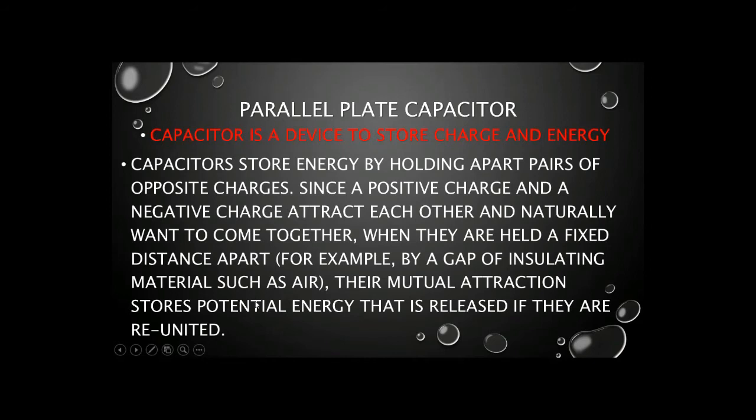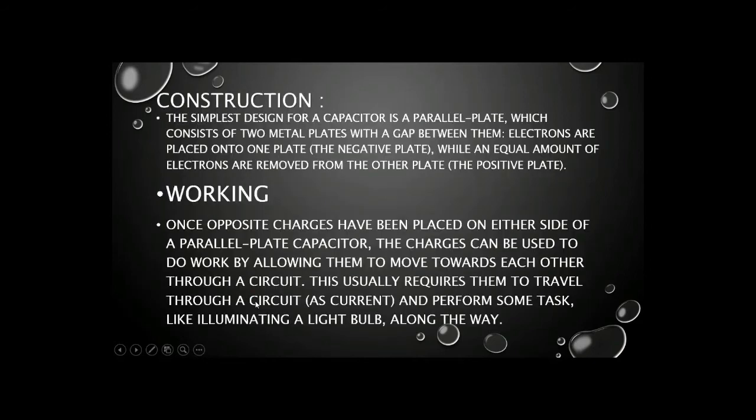Here is the construction and working of the capacitor. The simplest design for the capacitor is a parallel plate, which consists of two metal plates with a gap between them. Electrons are placed on one plate, while an equal amount of electrons are removed from the other plate, the positive plate. We have two types of plates in it: one is the positive charge plate and the other is the negative charge plate.